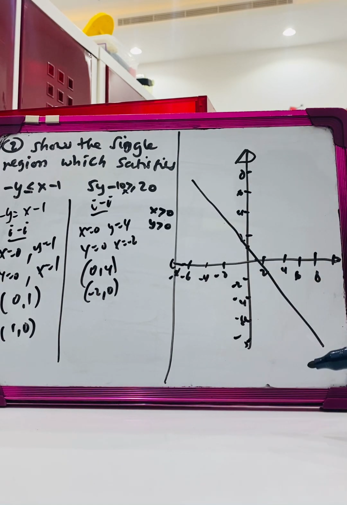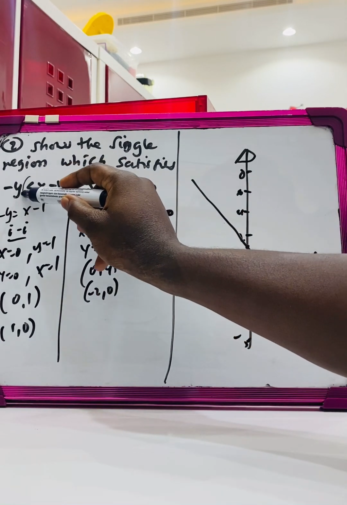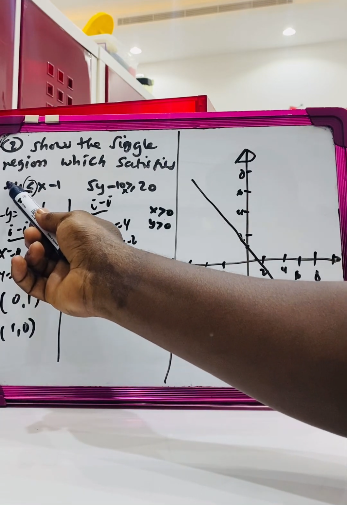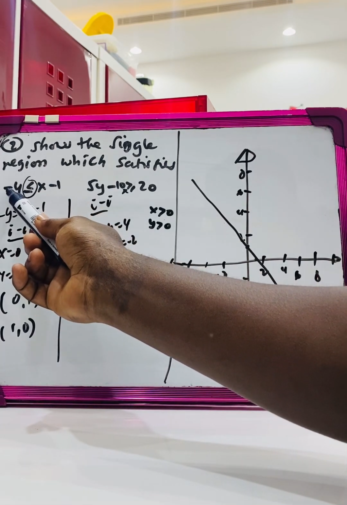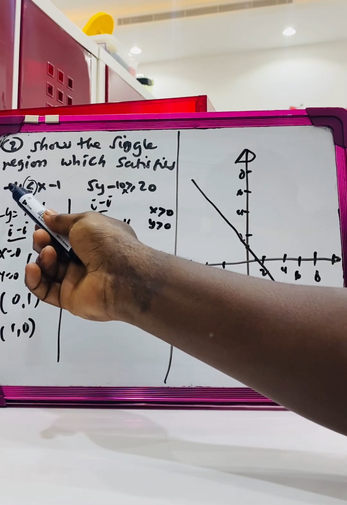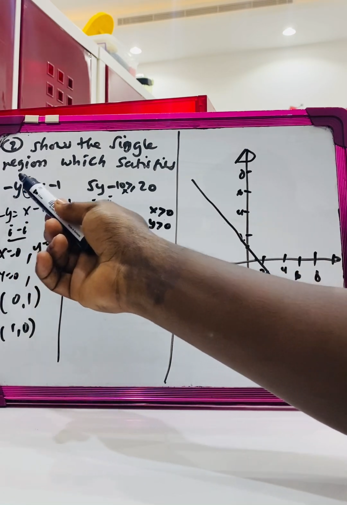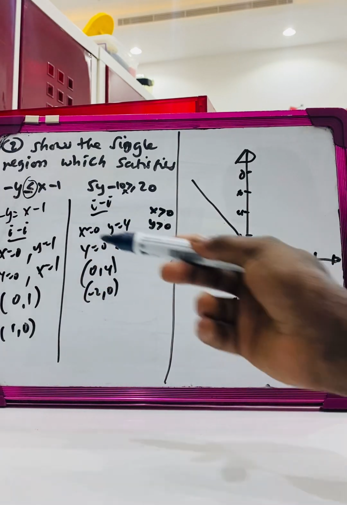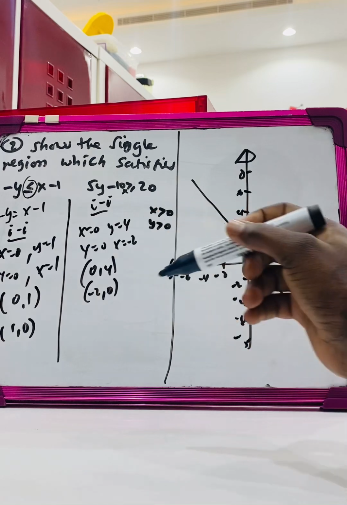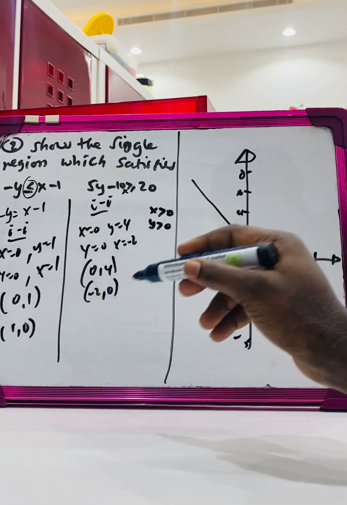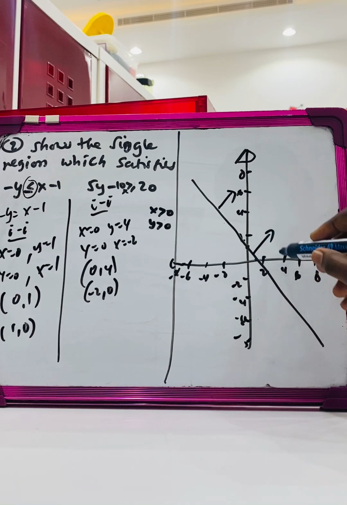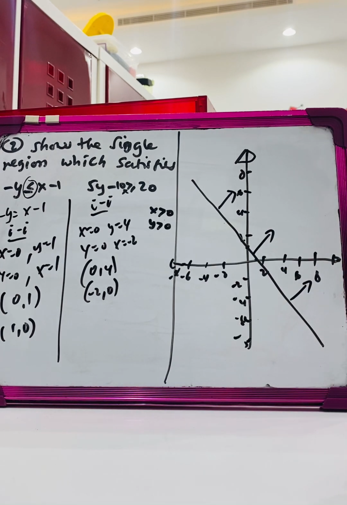Where is the solution to this line? I go and check the sign. It's less than or equal to. But because y has a negative coefficient, negative y means there's negative 1 times y. So because the coefficient of y is negative, I need to switch this sign. So I'm not going to shade less than or equal to, but I will shade greater than. I need to flip the sign, so I will shade above that line because the coefficient of y is negative.